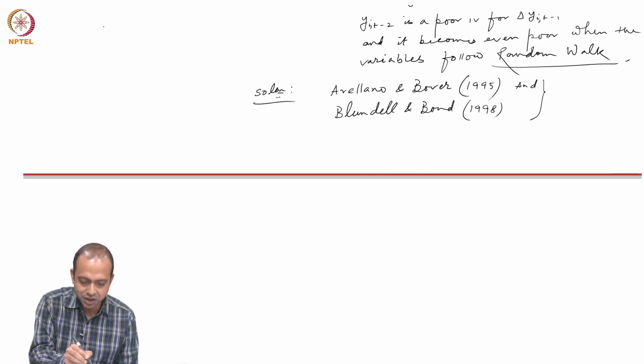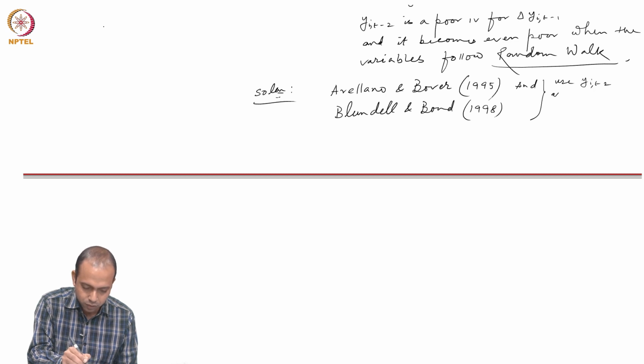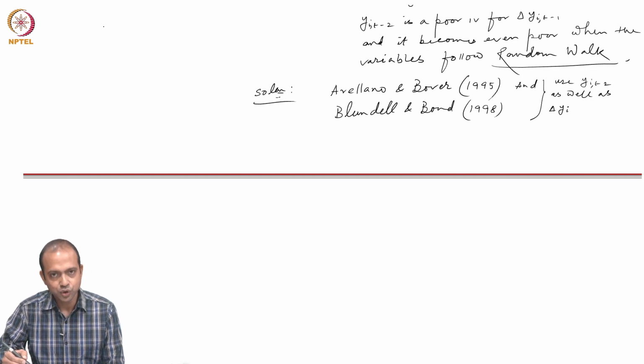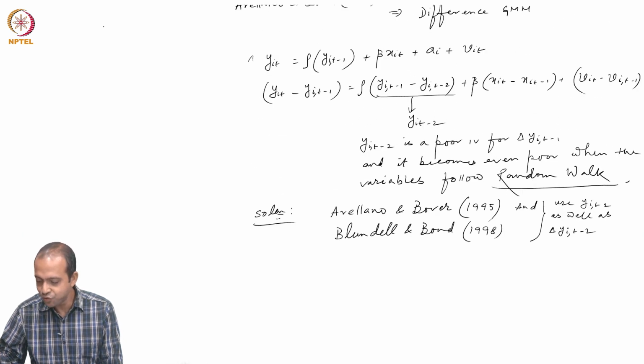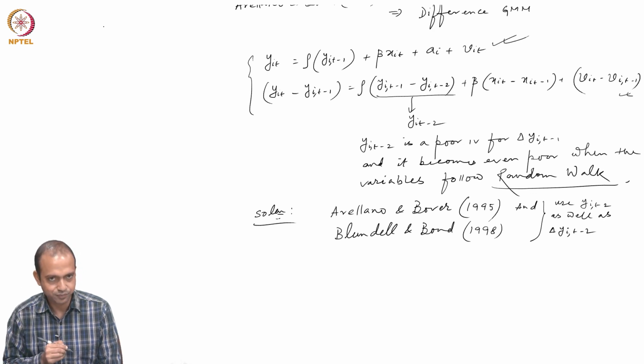That is what they said. You use both of these as a system of equations. And then use Y(i,t-2) as an instrument for the first difference variable, and at the same time delta Y(i,t-2) as the instrument for the level.